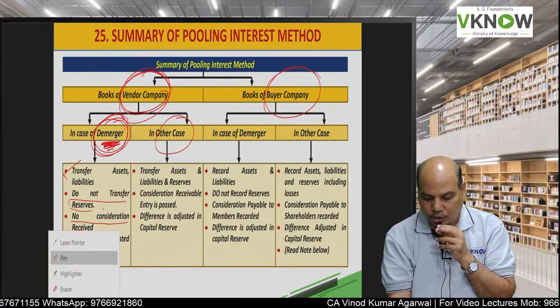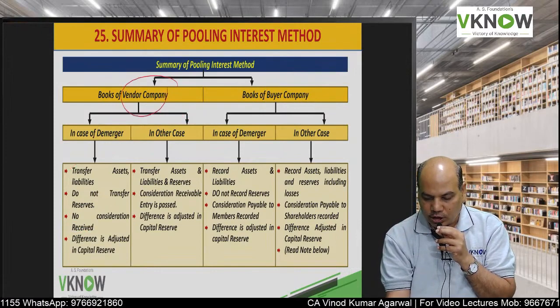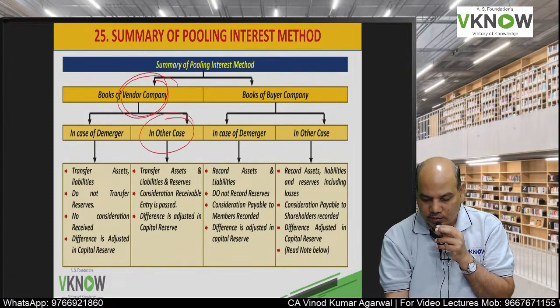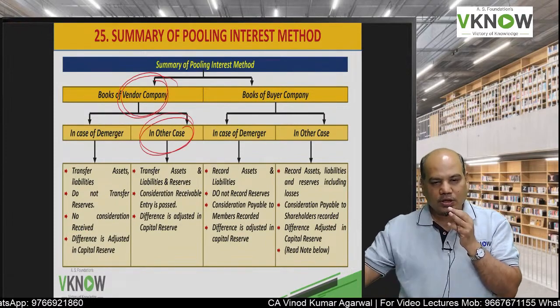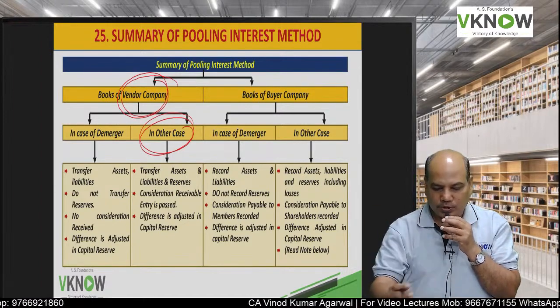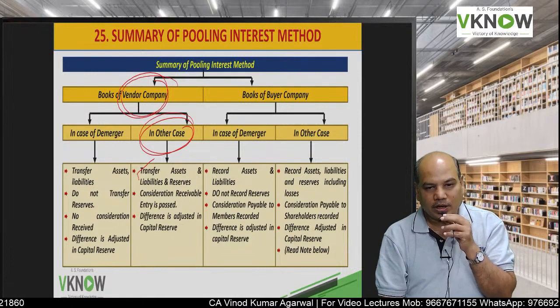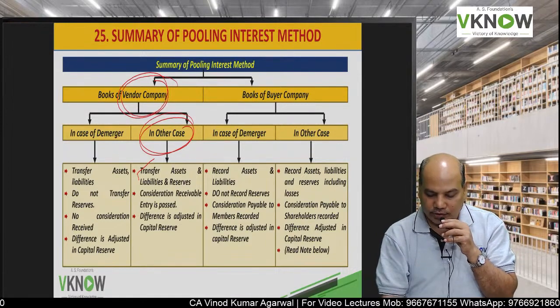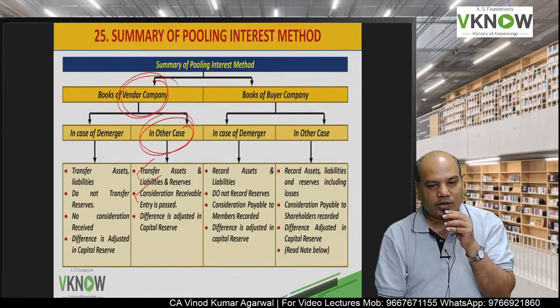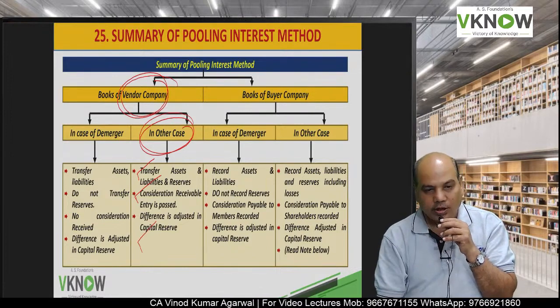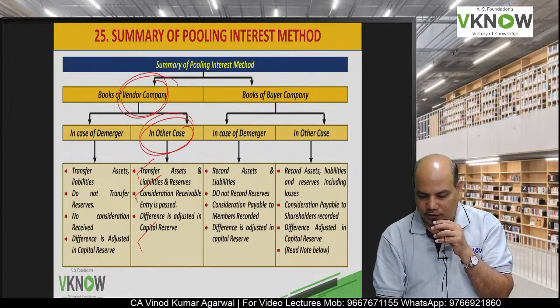But if it is a problem of common control other than demerger, it means a subsidiary is merged with another subsidiary, then the selling company will transfer asset, liability and reserve. Consideration receivable entry will be passed, and the difference adjusted in capital reserve.